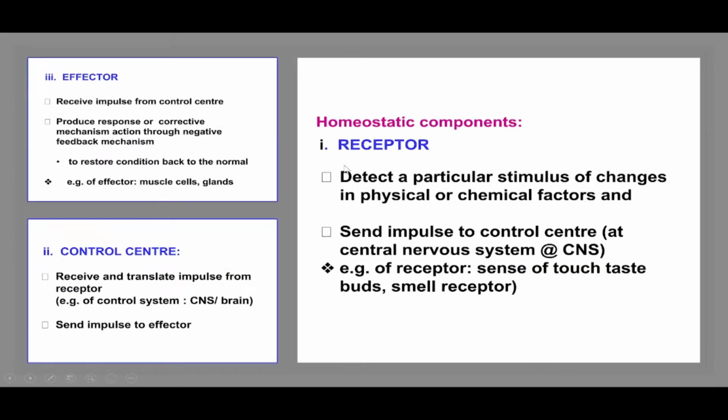So what is the function of the homeostatic components? The receptor detects a particular stimulus, changes in physical and chemical factors, and sends an impulse to the control center in the central nervous system, or CNS, for example the brain and spinal cord.